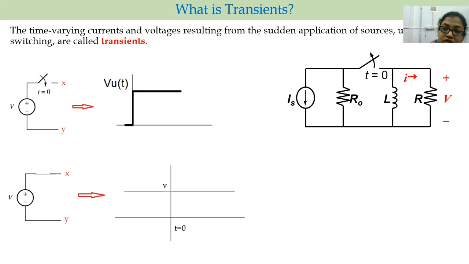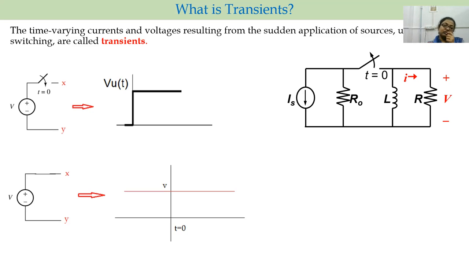Because of this change, some elements like inductor and capacitor can't follow that sudden change. Resistance can follow it, but inductor and capacitor, because of their inherent property, can't, and they take some time to follow that sudden change.